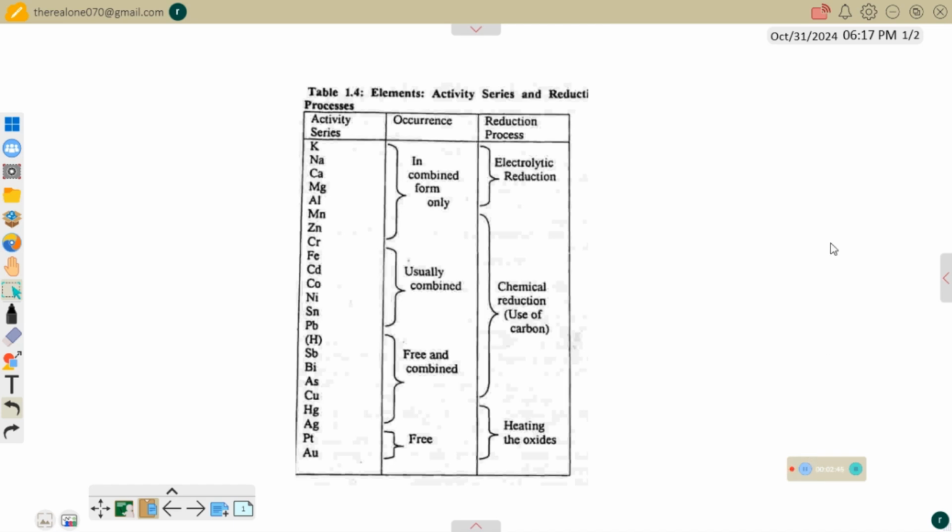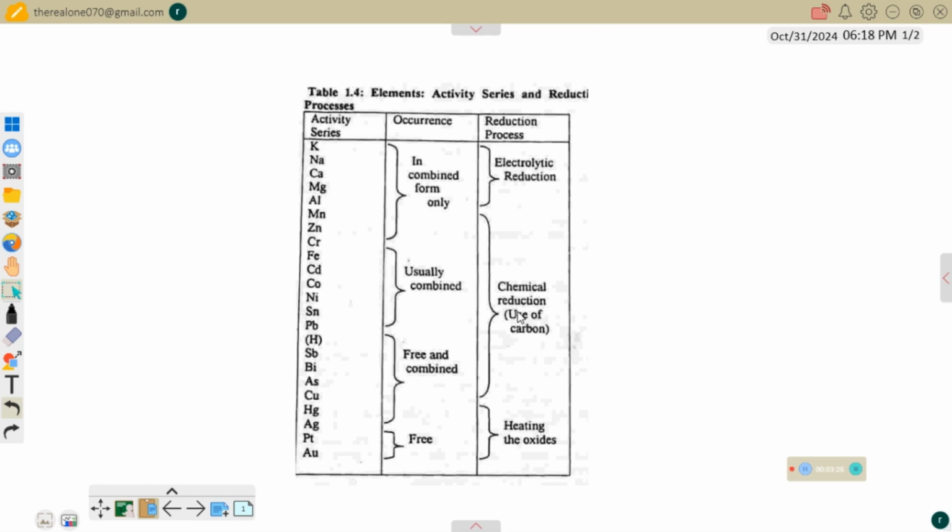This third column contains the method of extraction of these metals from their natural ore. The first batch of elements, from potassium down to aluminium, as the arrow is pointing, we use electrolytic reduction. That is, by method of electrolysis, we extract them from their ore. Then the second batch, from manganese down to Cu, which is copper, we use chemical reduction.